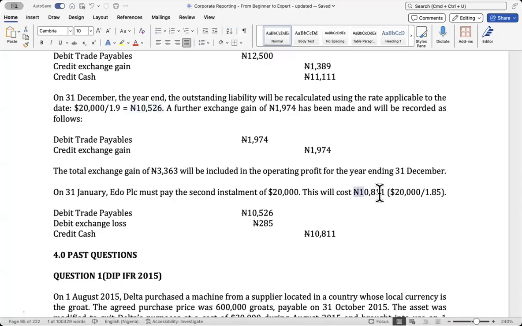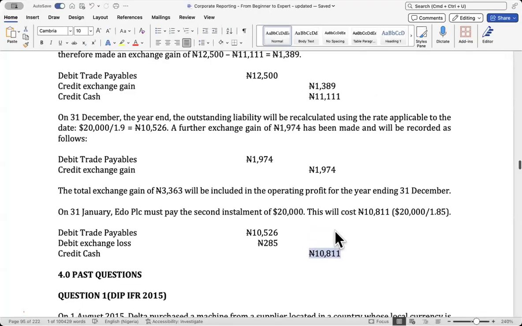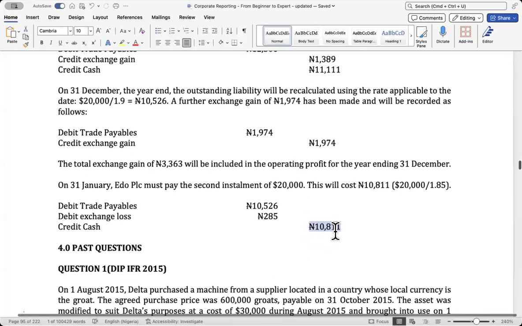But now we have to go and raise 10,811. It becomes a loss. So first, since the balance here is 10,526, we debit trade payables by that. The loss goes to P&L, credit Bank with 10,811 cash. And that's it.